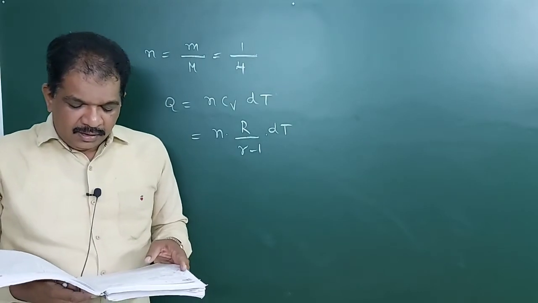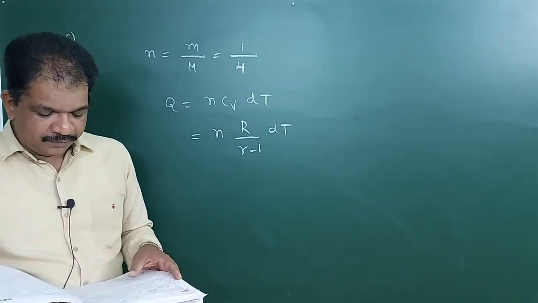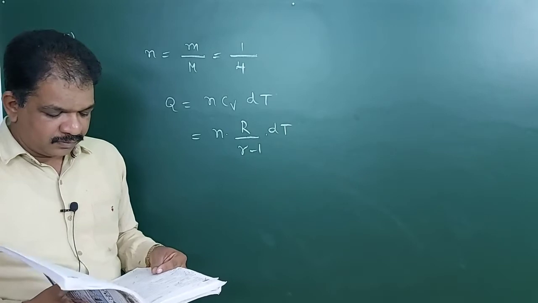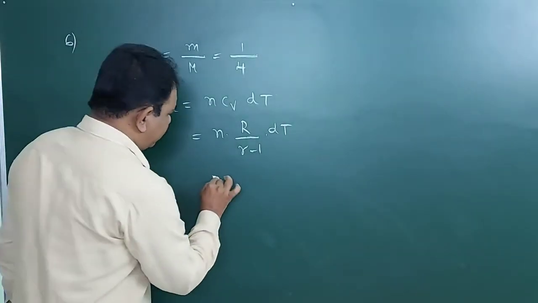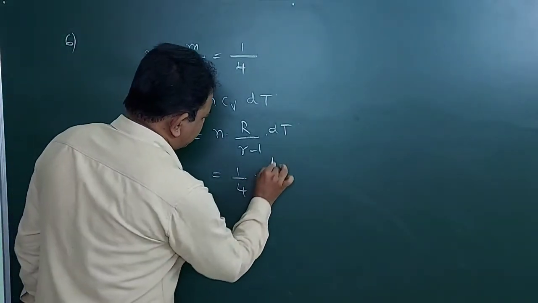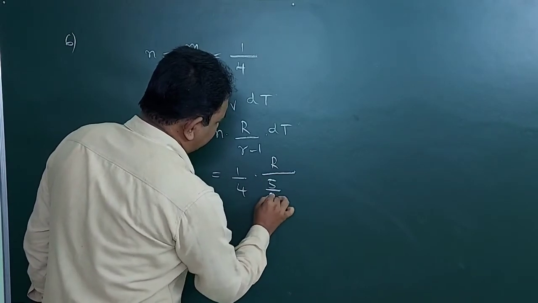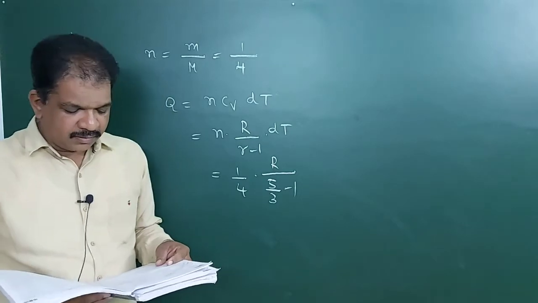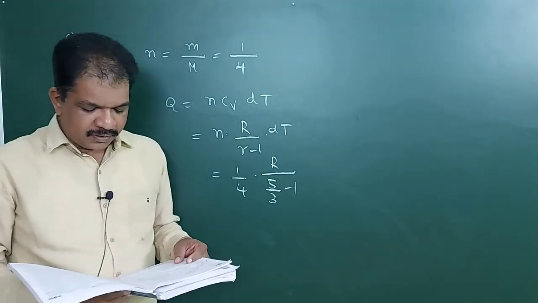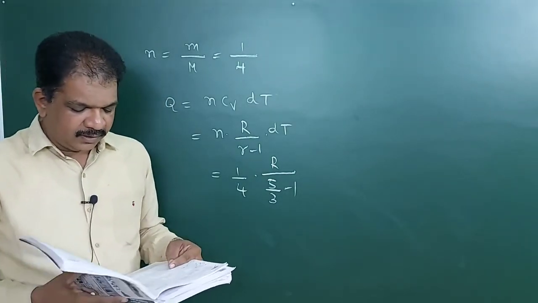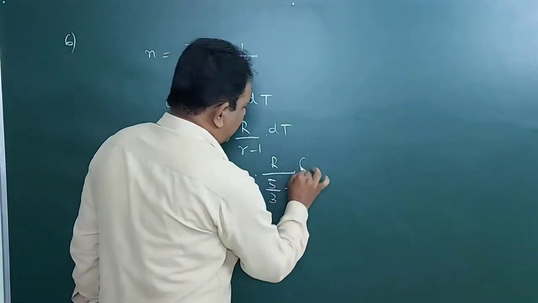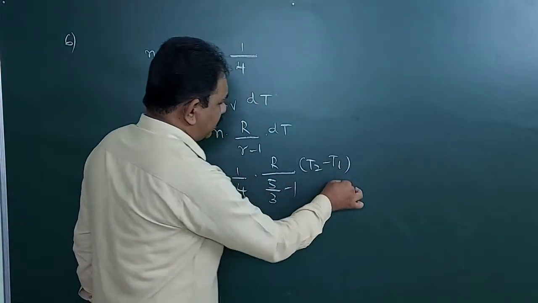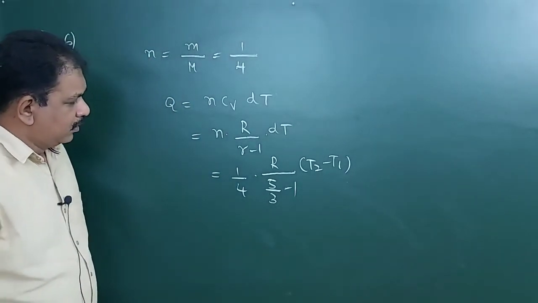Okay. Here you substitute those values. n value will be 1 by 4. This is R. Gamma value, it is not diatomic, it is monoatomic, helium, so that value will be 5 by 3, and this is T2 minus T1.